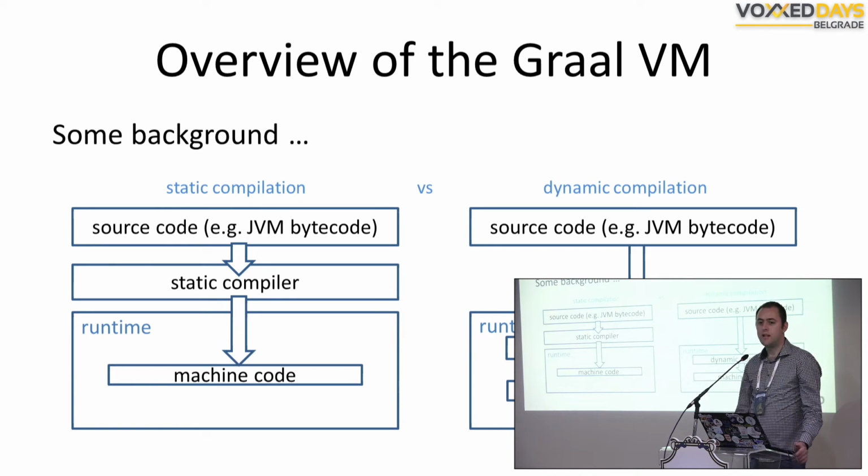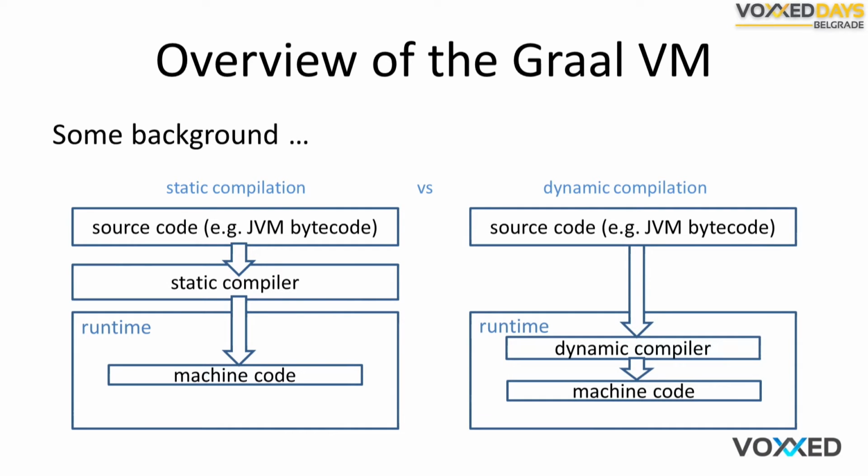Just before we dive into the topic of Graal, let's have some background information. How many of you know the difference between static and dynamic compilation? A few people? Okay, so to give you some more background, static compilation, as you probably guess, is the process of compiling your source code right before running your application.